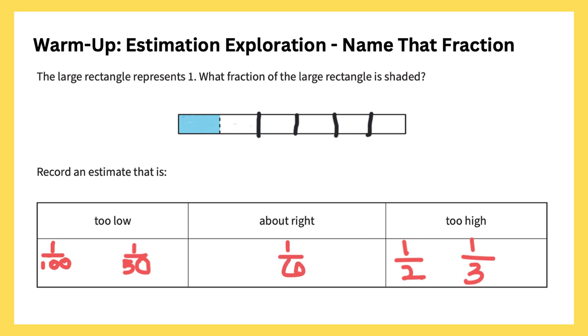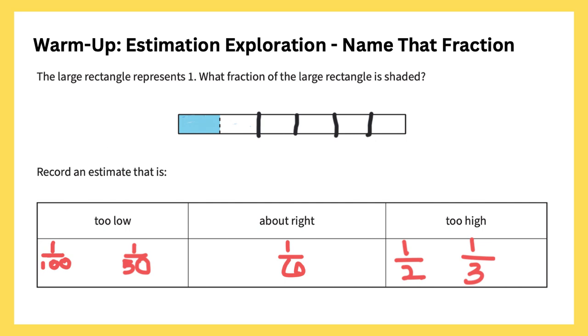The reason, again, is that if we take a look at this rectangle, the entire thing, and we had to break it up into equal parts, obviously my drawings aren't exact like the diagram is, but they're pretty close. And so we would have 1/6, 2/6, 3/6, 4/6, 5/6, and 6/6. So about 1/6 is going to be a good answer.